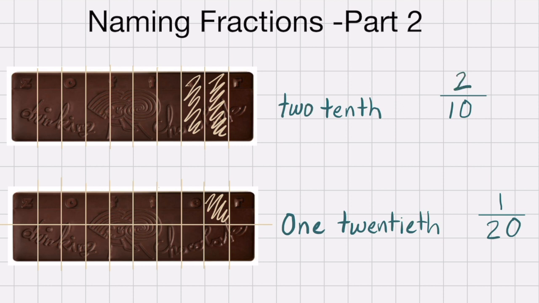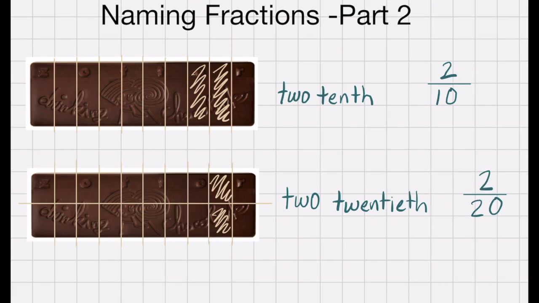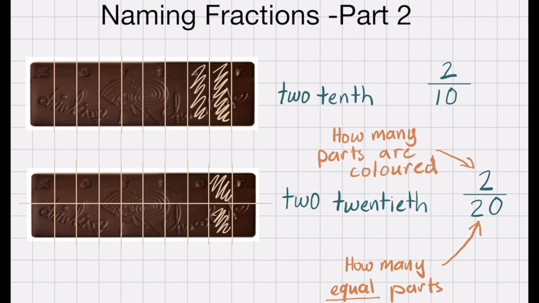And if we wanted to make 2 twentieths, we would colour a second piece in, and we now name it as 2 twentieths, and we write a number 2 on top of the 20. The thing to remember here when naming fractions is this number on the bottom tells us how many equal parts the whole is cut into, and the number on the top tells us how many parts are coloured.